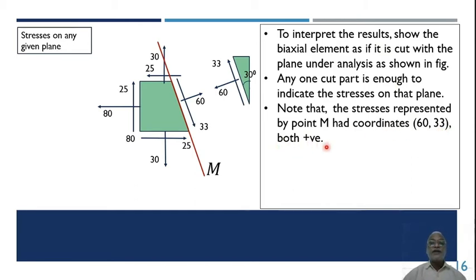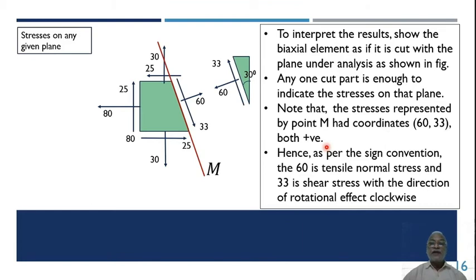So because of that, as per the sign convention, the 60 will be a tensile stress. So I have to draw a line perpendicular to the face and then say that it is 60. If this is the element or the section I have taken, I have to draw a line perpendicular, and then the arrow has to be pulling because it is tensile, right? 33 is a shear stress with a direction of rotational effect.